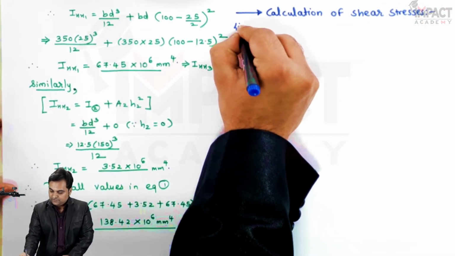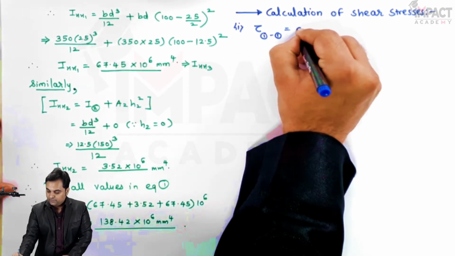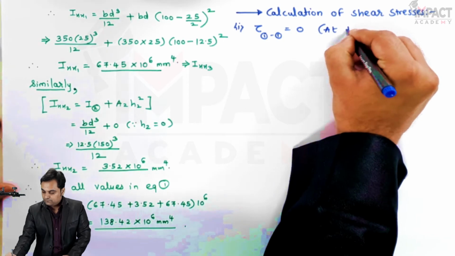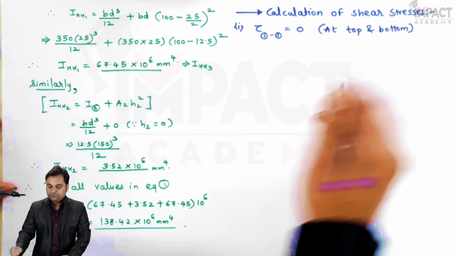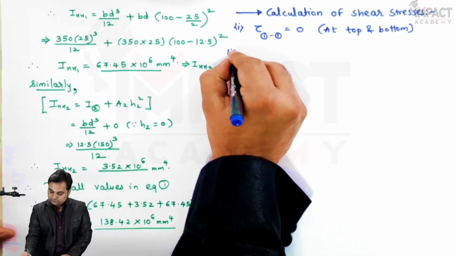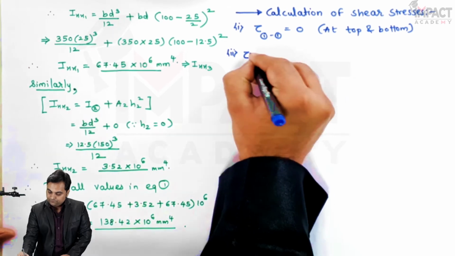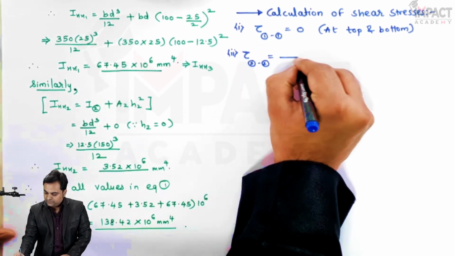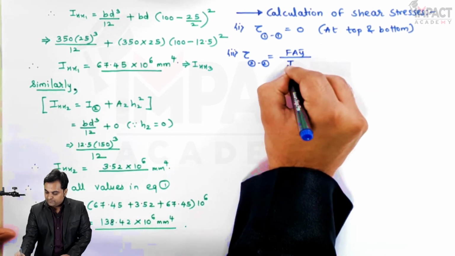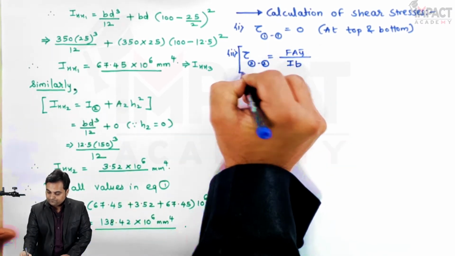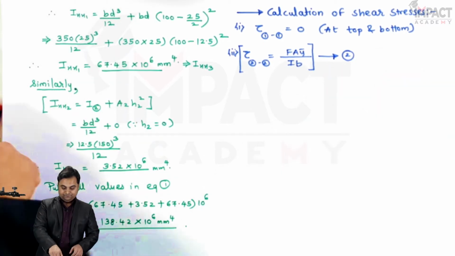The first thing here is that shear stress at layer 1, at top and bottom, is 0, as for a rectangular section. Next, the shear stress tau at section 2 can be found using the general formula of shear stress, F A y bar upon I b. Keeping this as equation second.